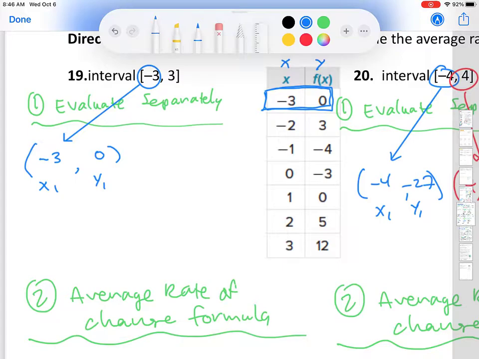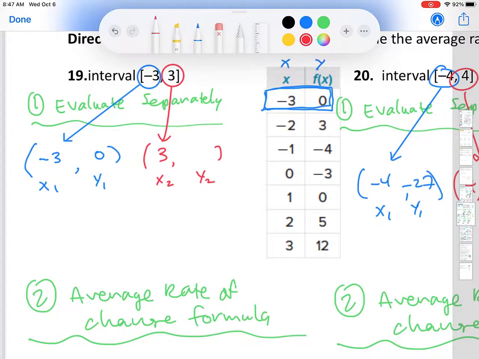So let's write that down. And then I'm going to take my second part of the interval and make a second ordered pair. So you're not technically evaluating, but you're kind of separating them. 3. And this is my second ordered pair. That's why we call it x2, y2.